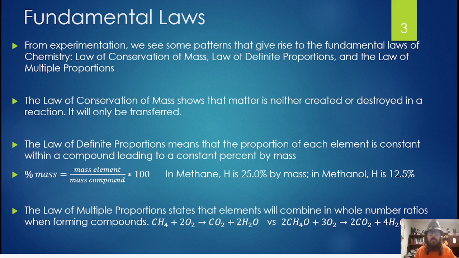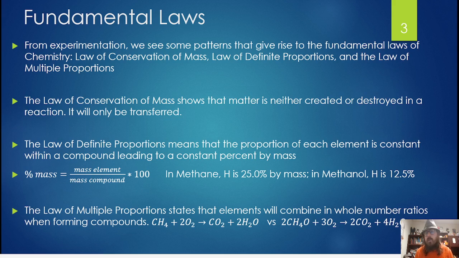So let's just say that this wasn't always easy to find. But the three major laws that almost all chemists will use at one point or another are the law of conservation of mass, the law of definite proportions, and the law of multiple proportions.